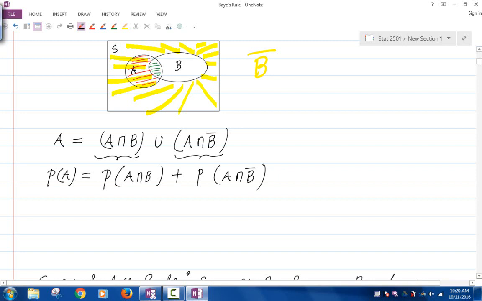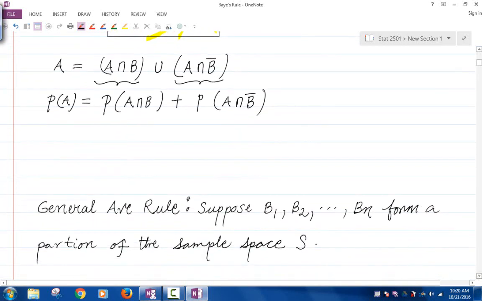Now what can I do? Well, now I apply the multiplication rule. By the multiplication rule, what is the probability of A intersect B? You guys remember the multiplication rule? You must have the multiplication rule in your notes.